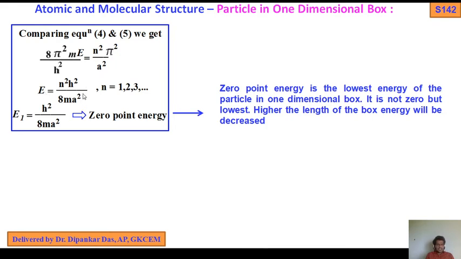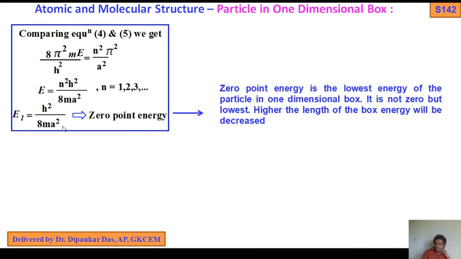That is the final form. This is the energy expression of a particle in a one-dimensional box. This is very important. So finally we derived E equals n square h square by 8 m a square, where n equals 1, 2, 3.